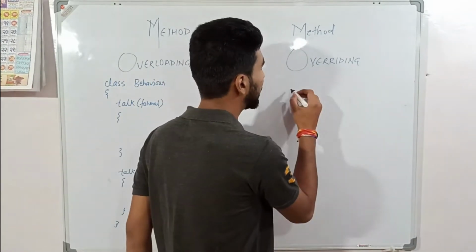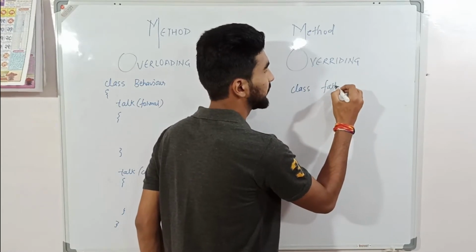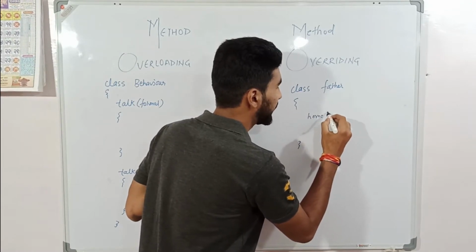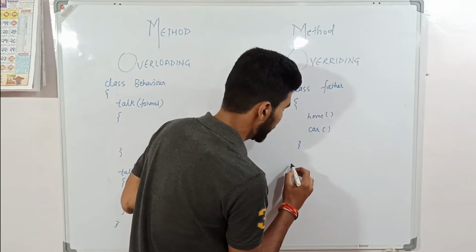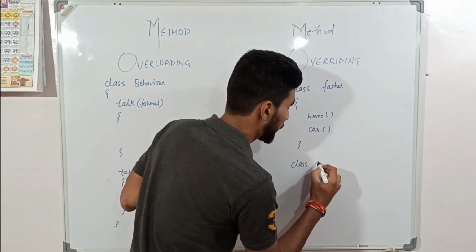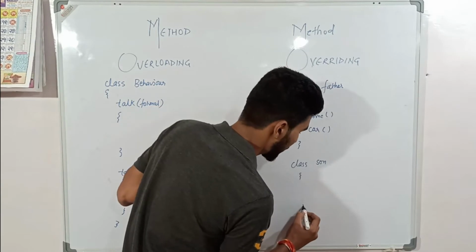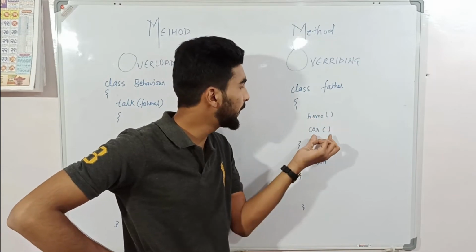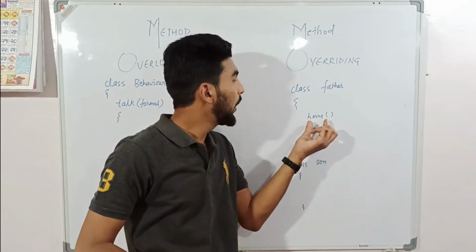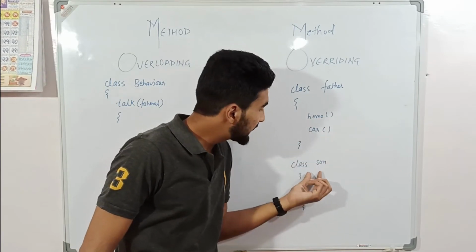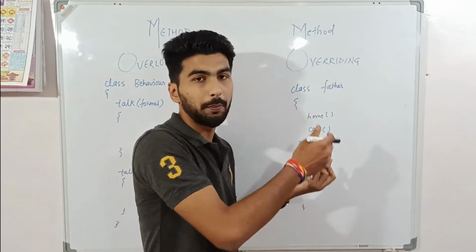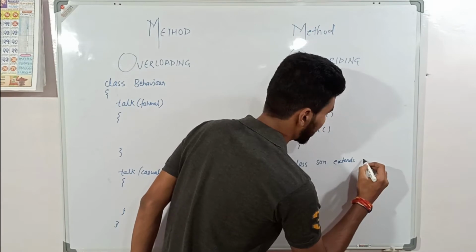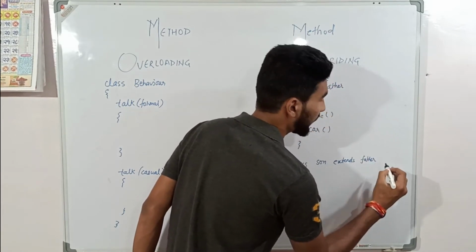Let's understand. There is a class, let's say father, and there are some methods, let's say home and car, and there is a class which is son. Now the father class has two different methods, home and car. His son will inherit all his properties and methods, so we simply use the keyword extends and the name of the parent class, father.